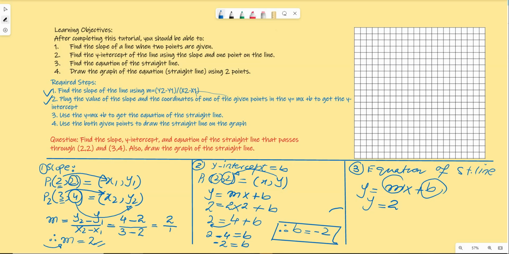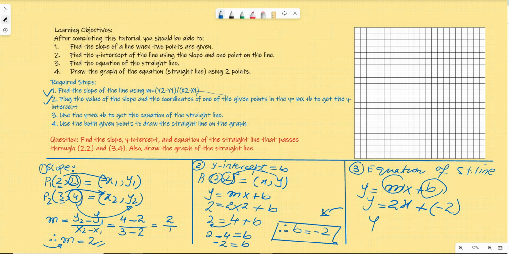We are not calculating x, so no need to replace the value of x. So 2x plus the value of the y-intercept, which is minus 2.